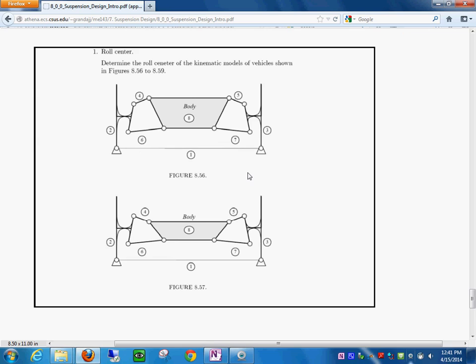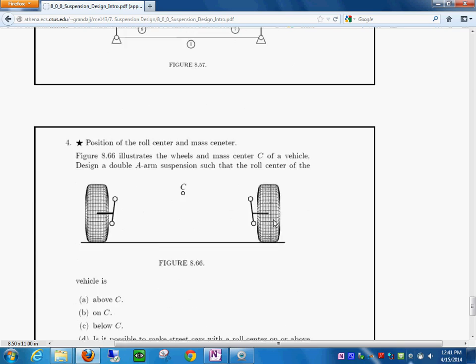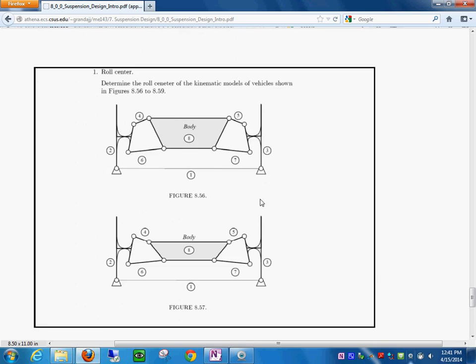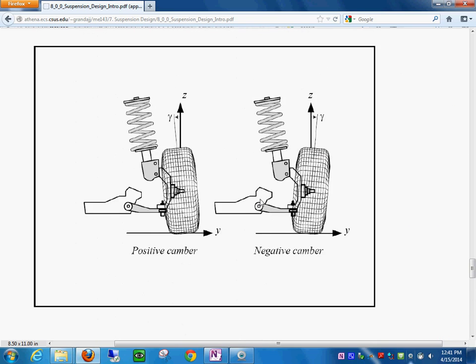I would suggest that we determine the roll center, for example, of these problems using the geometry and the construction of the cross section, or the construction of the two-dimensional model of the suspension system. These are other problems that we might try, but in here basically I wanted to give an idea of the way the suspension systems are built.